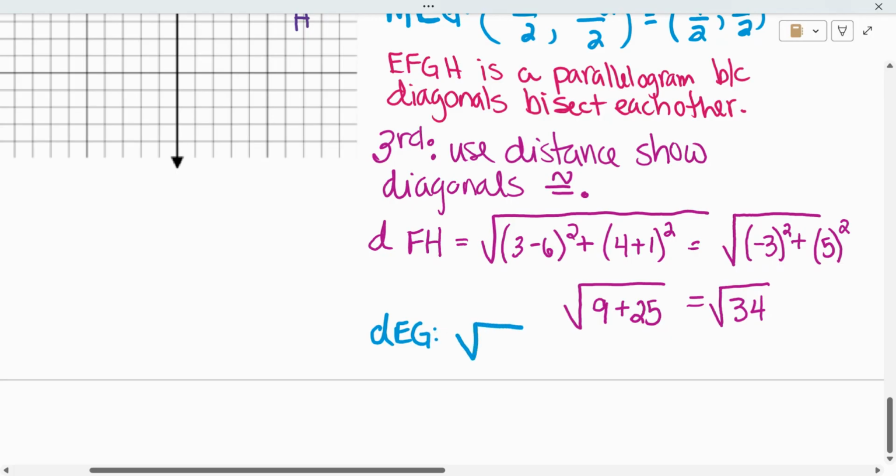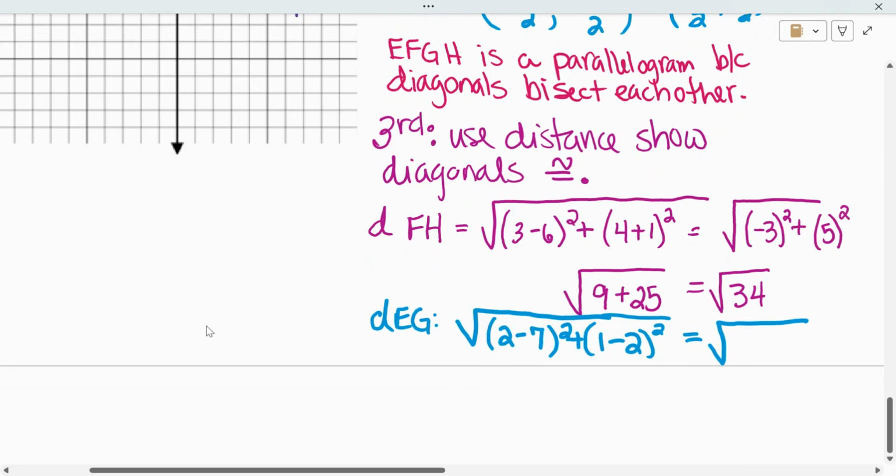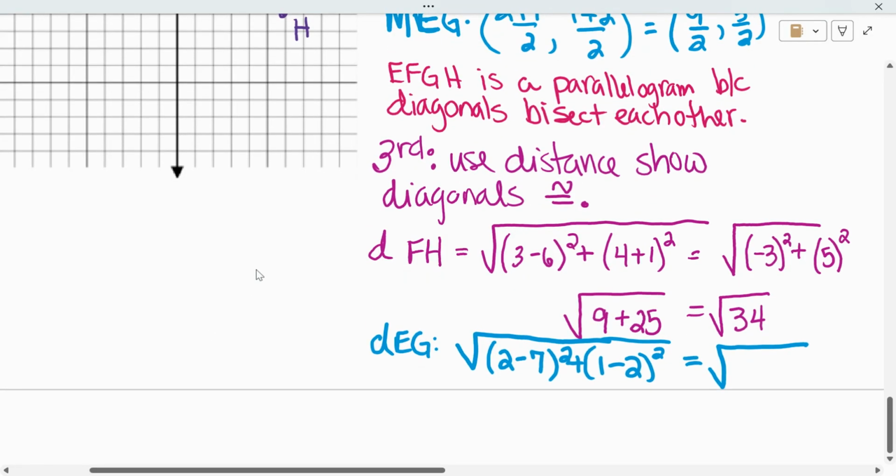Okay. So let's see. E, 2 minus 7, the quantity squared, plus 1 minus 2, the quantity squared. What is 2 minus 7? Negative 5, so I have negative 5, the quantity squared, plus, what's 1 minus 2?